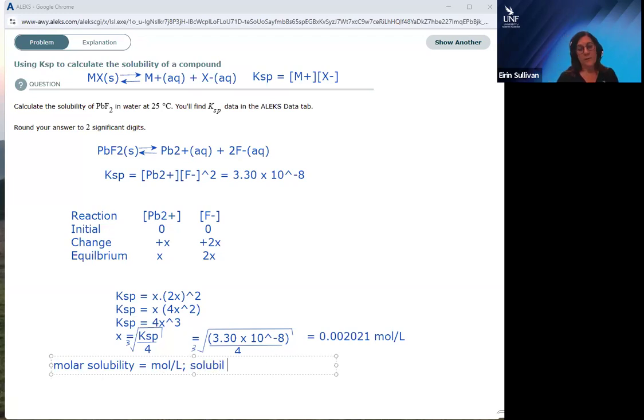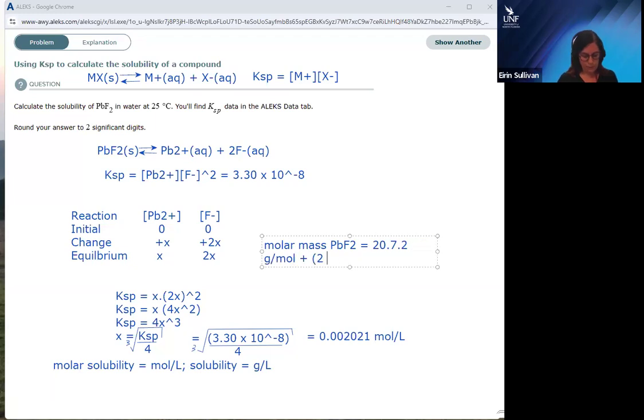So to get to solubility, we have to find a way of converting moles per liter into grams per liter, and the conversion factor for that will be the molar mass of our ionic compound, my lead 2 fluoride. So if I add that all up, molar mass of PbF2, well, lead is 207.2 grams per mole.